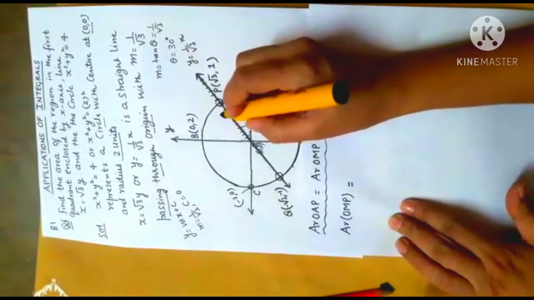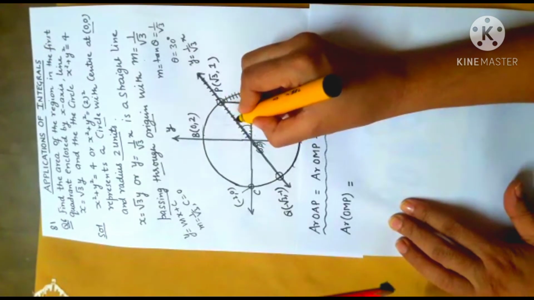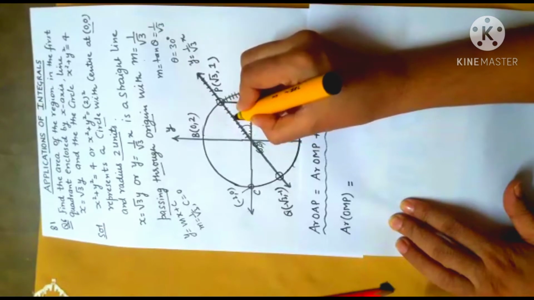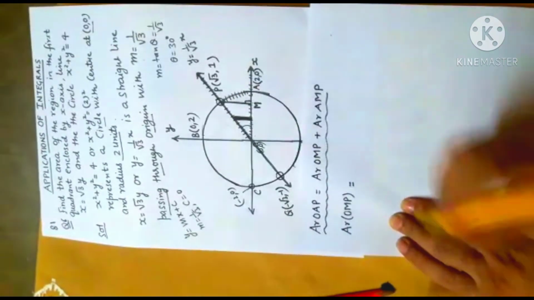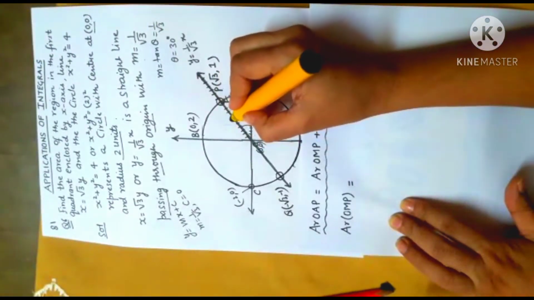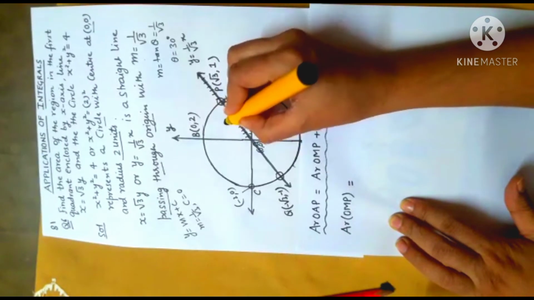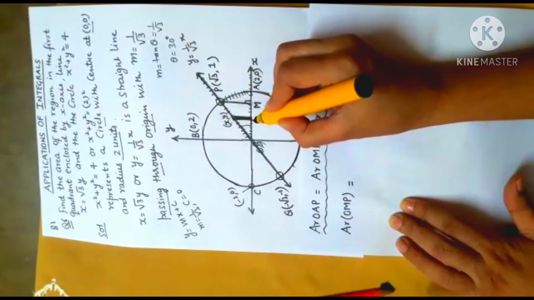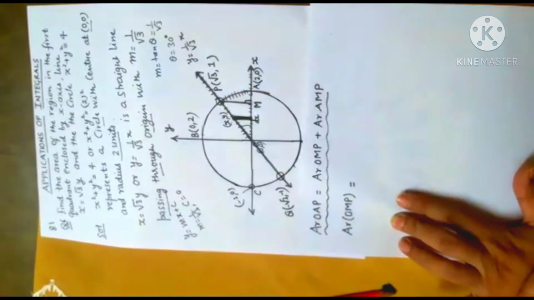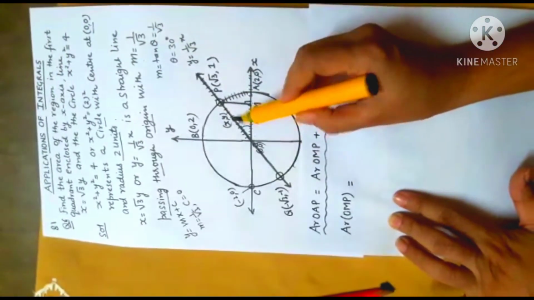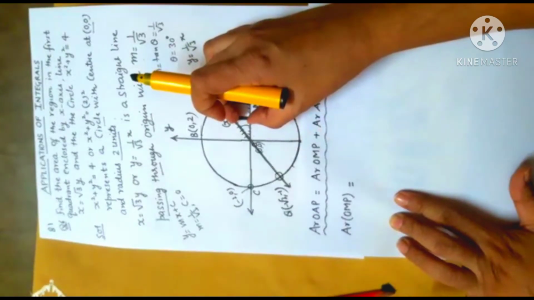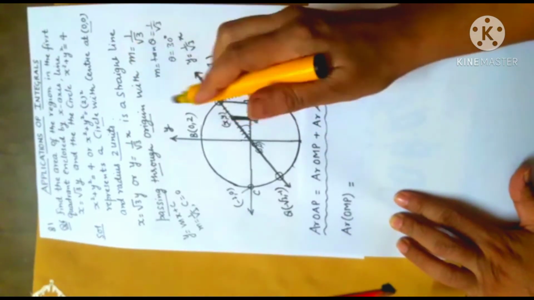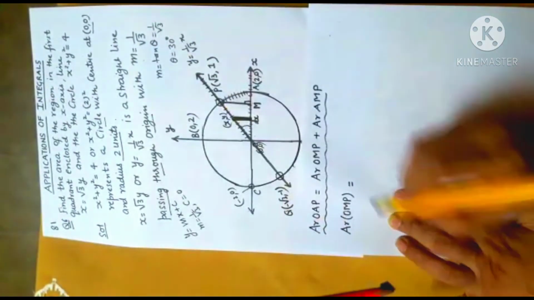For that, I'll consider a vertical strip here. Right? Let this point be x comma y. Width of the strip is dx. And length of the strip will be this, and it is equal to the y coordinate of the point.